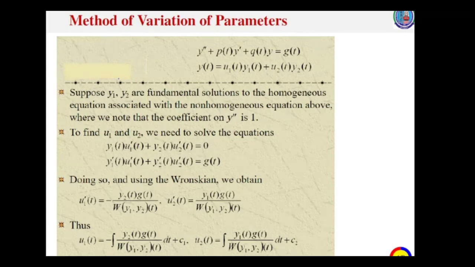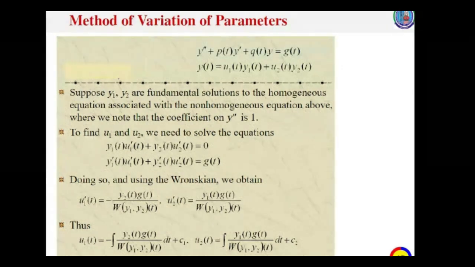In this method, we are to solve a very special kind of differential equation, a second order differential equation, y double dash plus p(t) y dash plus q(t) y is equal to g(t).